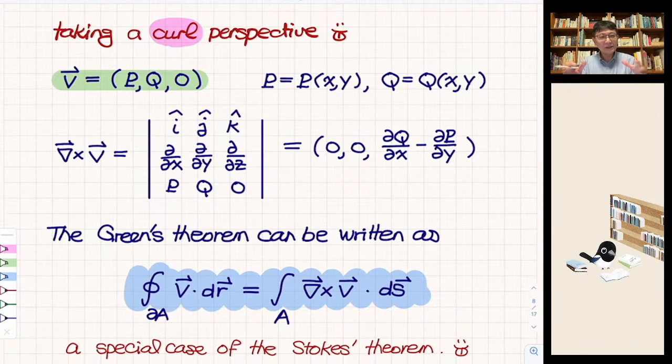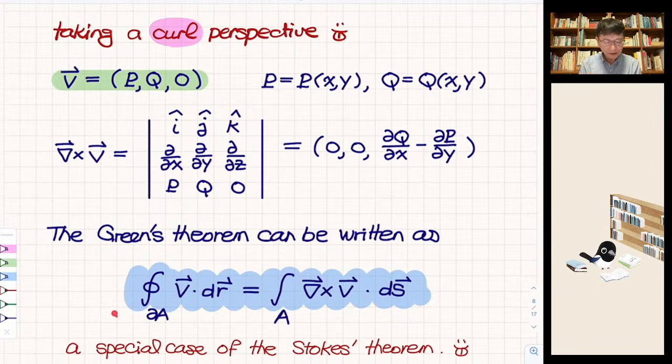So dx dy has a direction in the z direction. Thus, the double integral, the surface integral, can be turned into vector form, and that is curl v dot dS. So this dS is dx dy along the e_k direction.